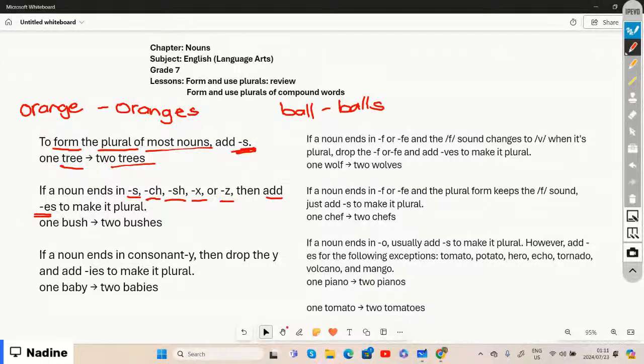And if we look at a few examples, one of the examples is bush. It ends with this one. So one bush, two or more bushes. So can you see we added an es to that word?